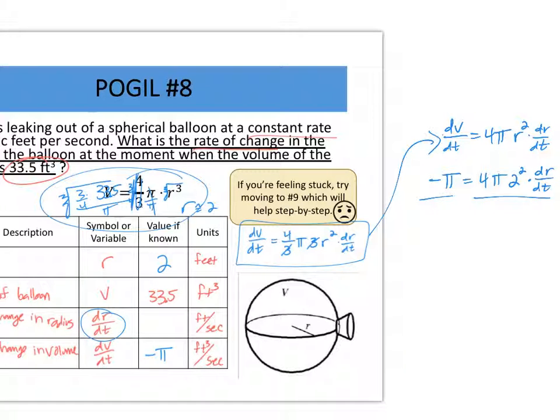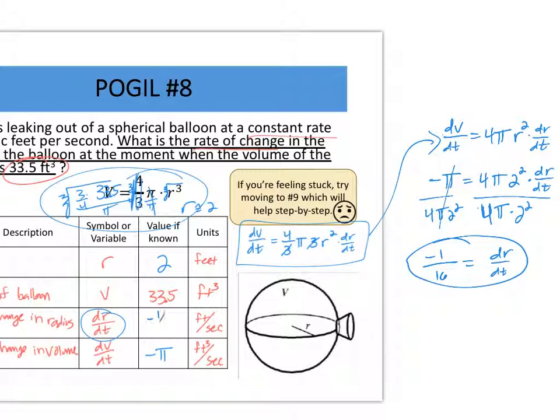So I'm going to divide both sides by 4 pi times 2 squared. And then if I simplify, I get dr/dt equals, the pi's are going to cancel out, negative 1 over 4 times 2 squared is 16. Negative 1/16. So negative 1/16 feet per second.